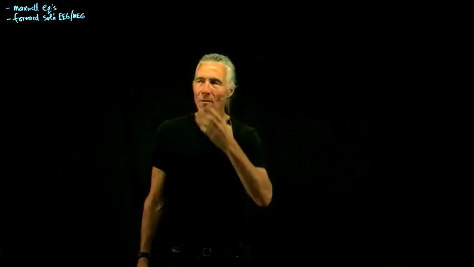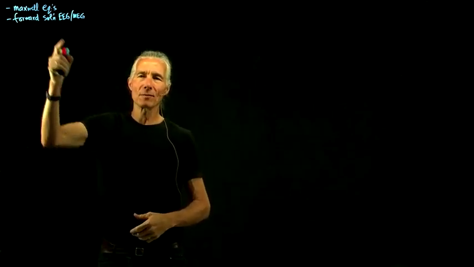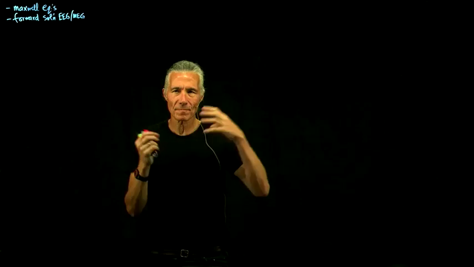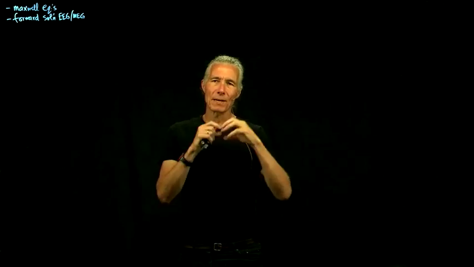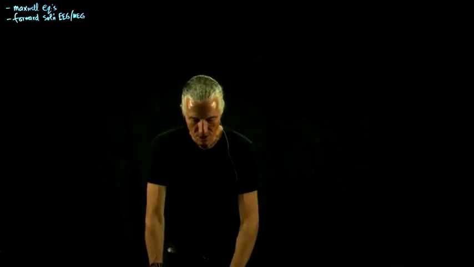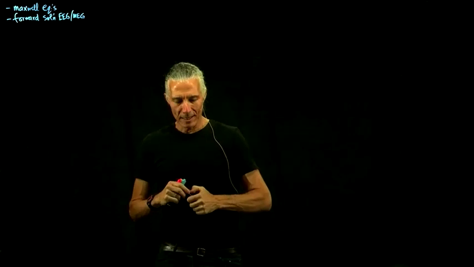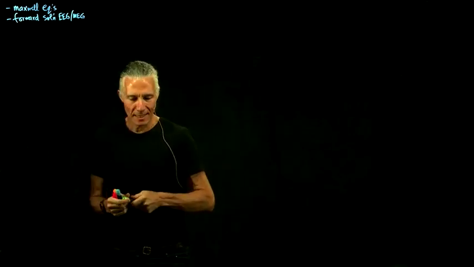And so what we want to do today is, given that assumption, calculate a forward solution that goes through the brain out to an electrode on the skin, or generates a magnetic field that we can record outside of the head. And so we'll start off with the Maxwell equations in the static case.